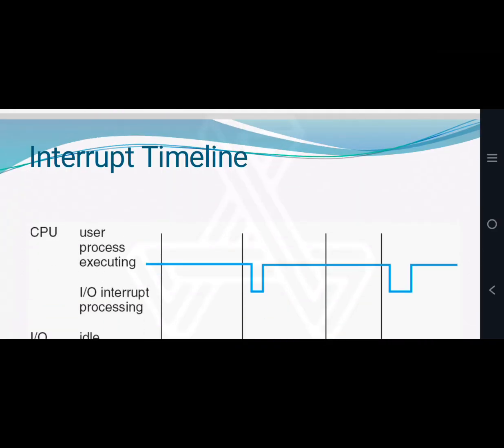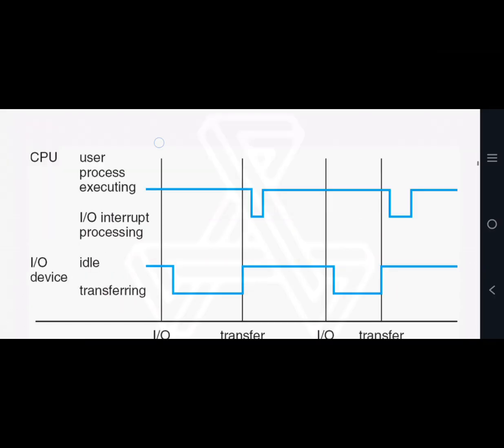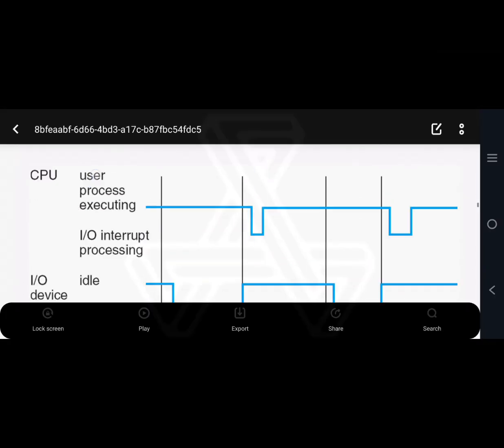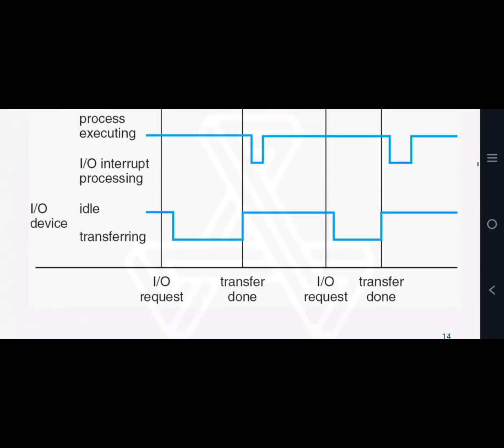Interrupt timeline: CPU, user processing, executing; I/O interrupt processing, idle, transferring; I/O device, I/O request, transfer done, I/O request, transfer done.